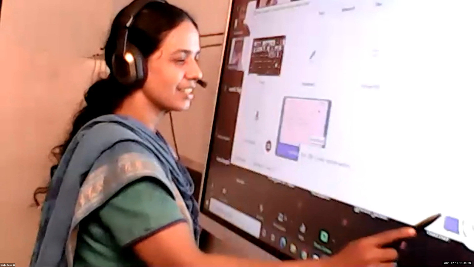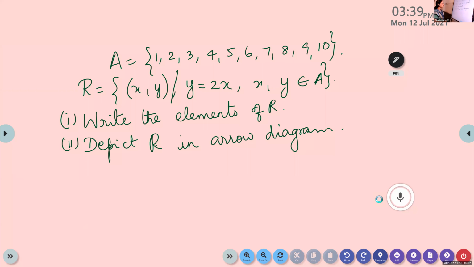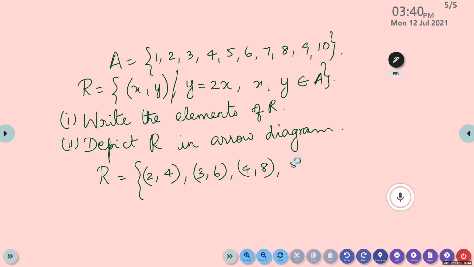Now look at this, children. R is the set of all ordered pairs (x, y), where y is 2x. Anashwarya, can you give me the elements of R? 2, 4. 3, 6. 4, 8. 5, 10.